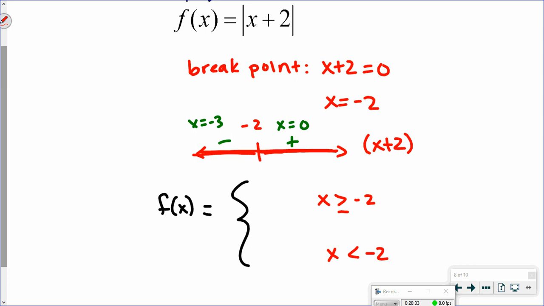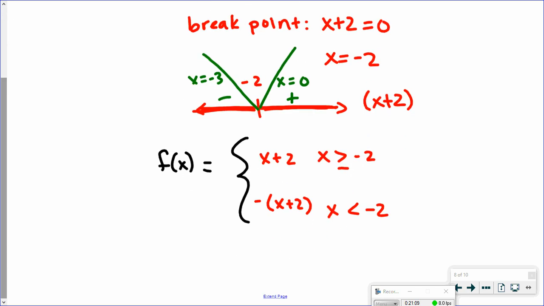It's positive here, so you need the positive slope, so you're going to just get x plus 2. It's negative here, so you need the opposite, the negative slope, so you're doing the opposite of x plus 2. That's going to give you that left side of the graph. This side here is a negative slope. This side here is a positive slope.